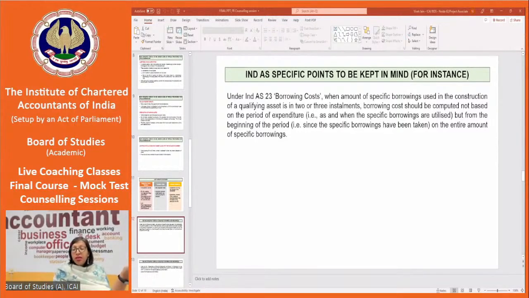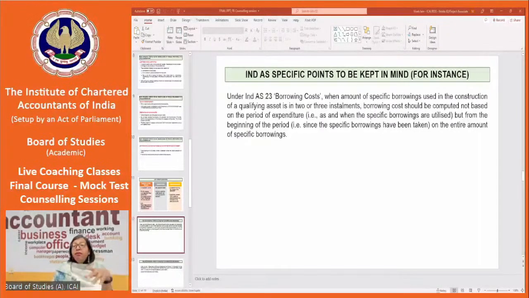See, for certain Ind ASs like Ind AS 103 and Ind AS 116, we have come out with capsules. Those capsules will help you in quick revision, last moment revision.